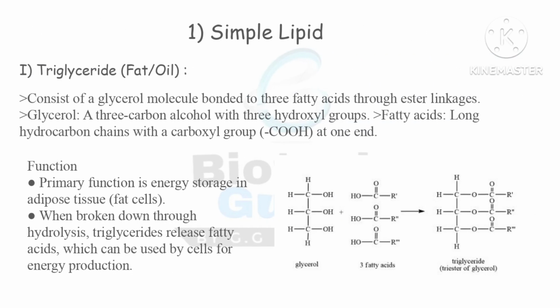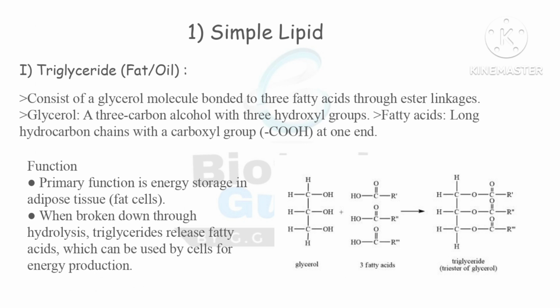First, simple lipid. Simple lipid is again classified into two: triglyceride and wax. First, triglyceride. As we discussed in the definition, triglyceride consists of a glycerol molecule bonded with three fatty acids through ester linkages. Glycerol is a 3-carbon alcohol with 3 hydroxyl groups, as you can see here, and a fatty acid is a long hydrocarbon chain with a carboxyl group at one end.